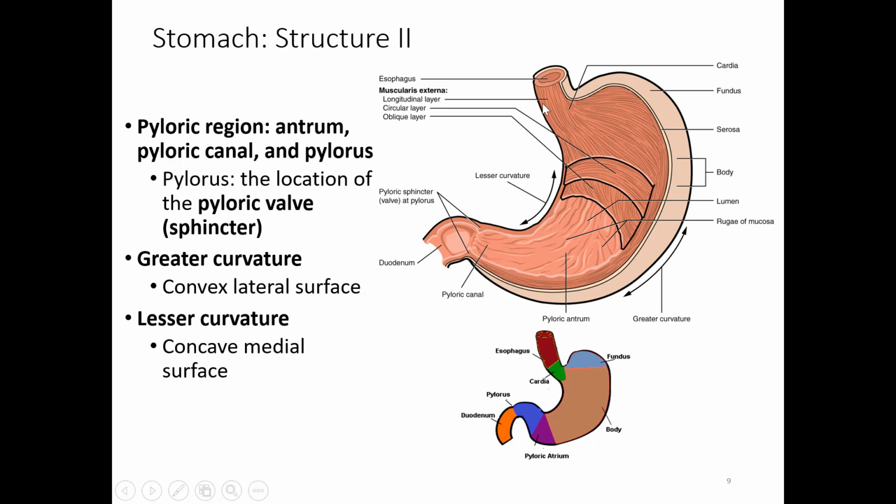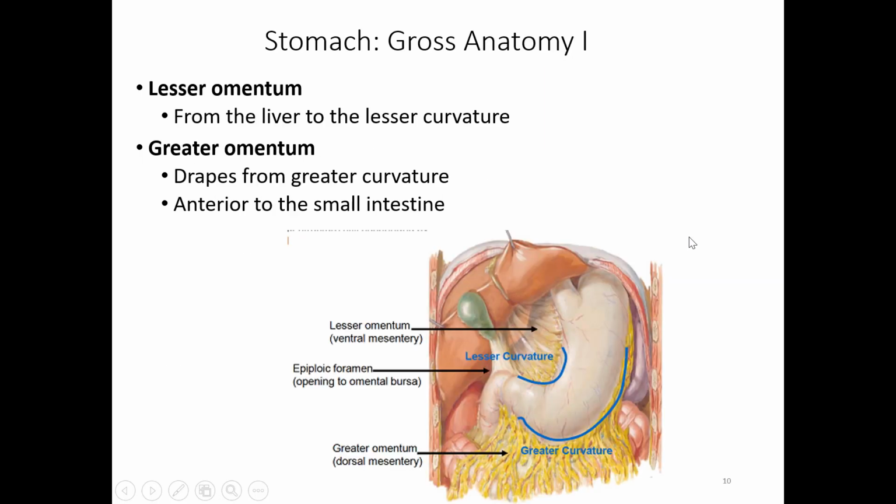Okay, that would be the lesser curvature of the stomach, and that would be the greater curvature of the stomach. If you look at the stomach as it's sitting in the abdominal cavity, it will be right under the diaphragm, and it will be connected to the liver, starting from the lesser curvature, through a structure called the lesser omentum.